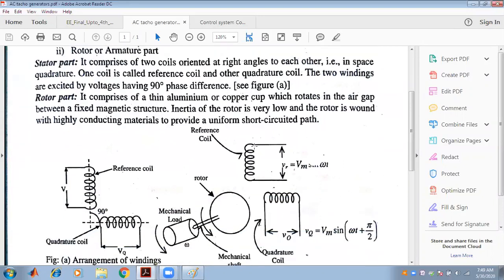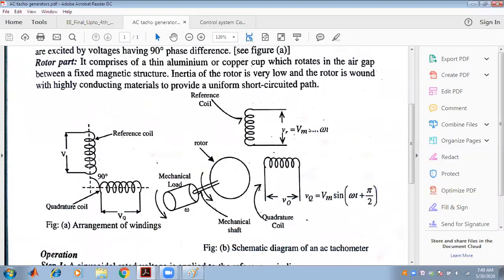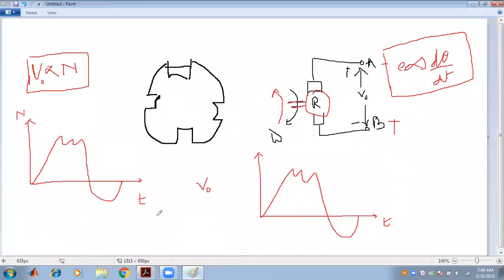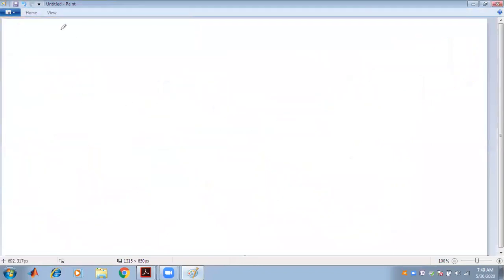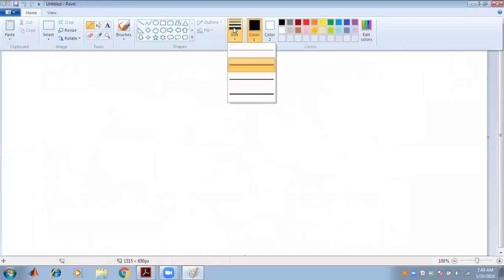So if I see this, there are two windings that are separated. In order to produce a rotating magnetic field, we have to create a phase displacement.